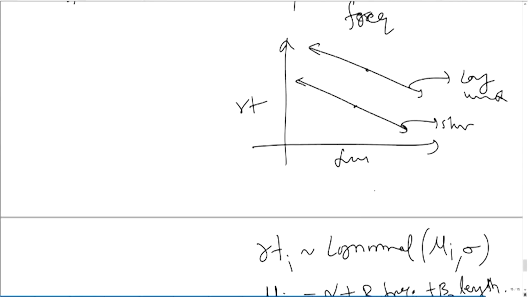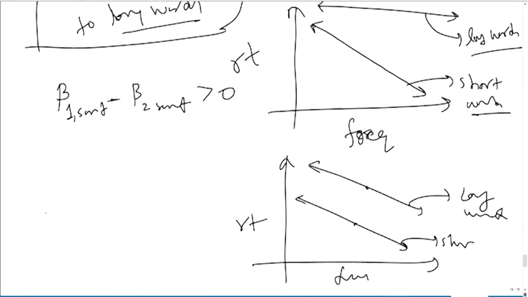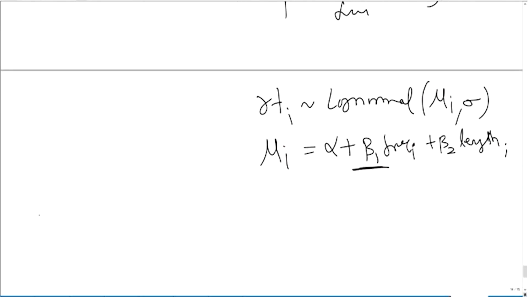What the hypothesis is saying is that this beta 1 is actually not constant. Beta 1 itself changes as a function of word length. This beta 1 should be larger for short words compared to long words. The magnitude of beta 1 should be larger for short words compared to long words, right? So beta 1 itself is a function of word length. It's definitely not constant, so you cannot just keep writing it as beta 1.